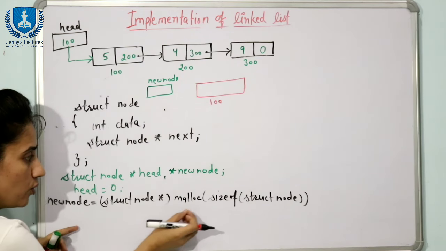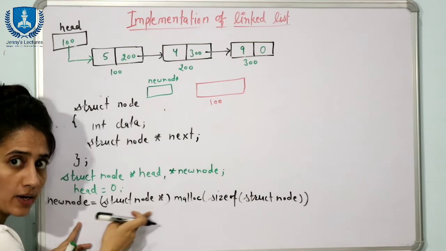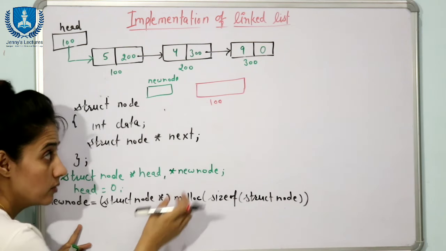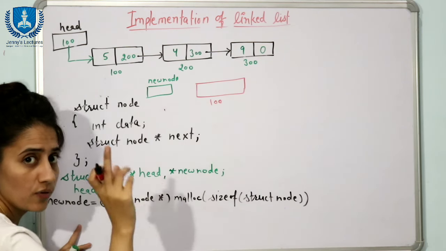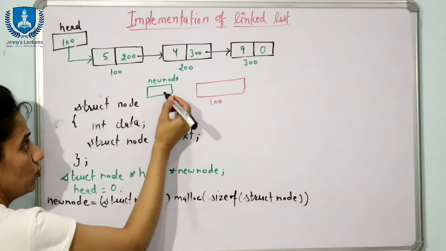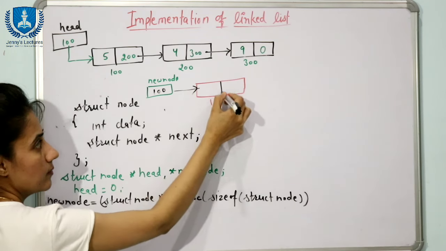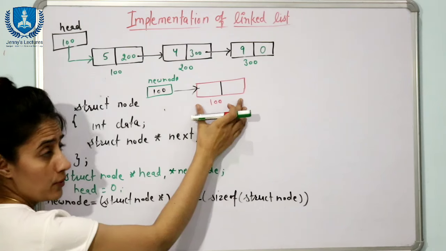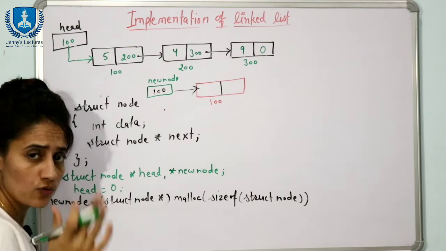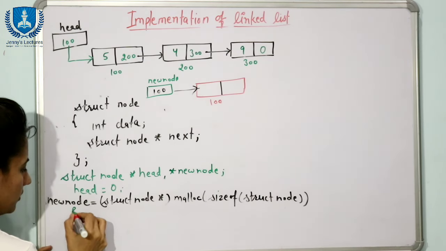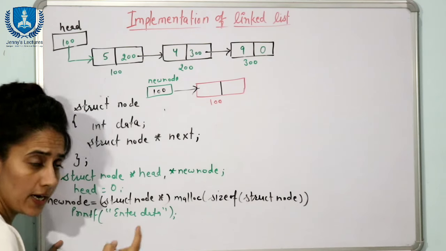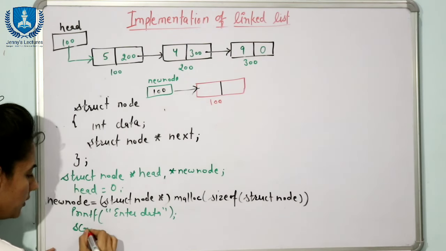So this is how we dynamically allocate the memory. Now this block of 8 bytes has been allocated, and in new node we have 100, so it points here. Now we have created a node, but we don't have any data here. So you can ask the user for the data, and for how you will write?